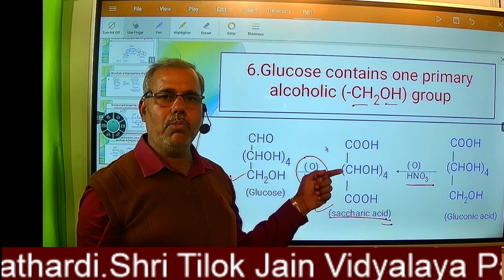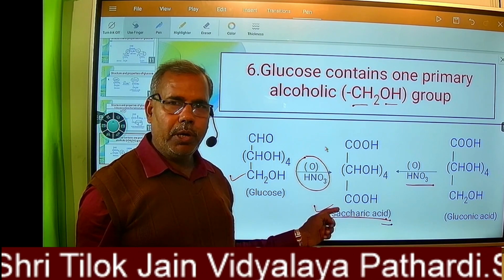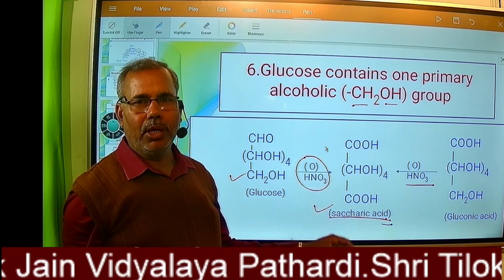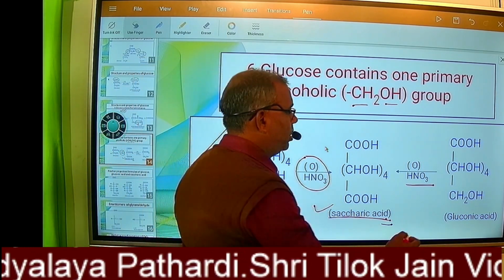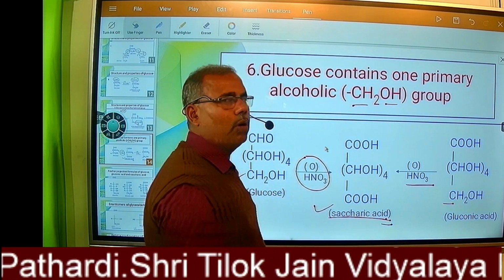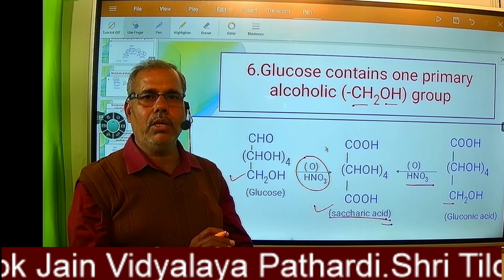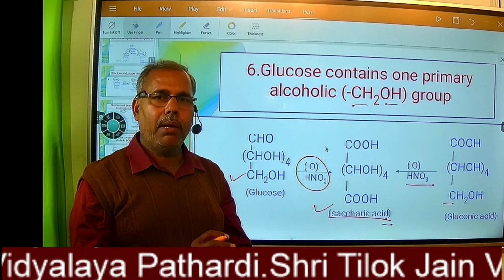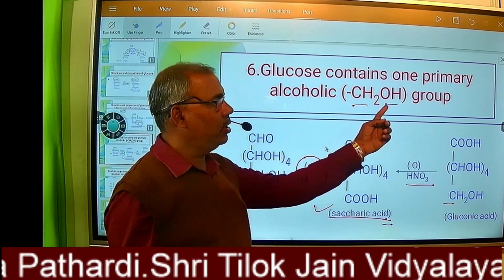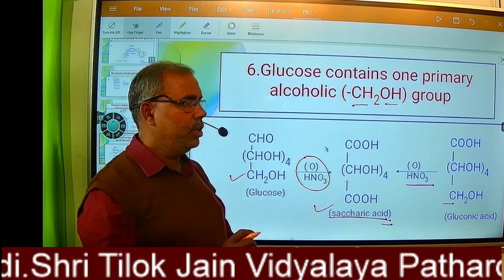That means 1 more group is oxidized to a COOH group, and that group should be the primary alcoholic group, and that is CH2OH. So of the 5 hydroxyl groups proved previously, 1 hydroxyl group should be a primary hydroxyl group, that is this type of CH2OH group. It is proved.